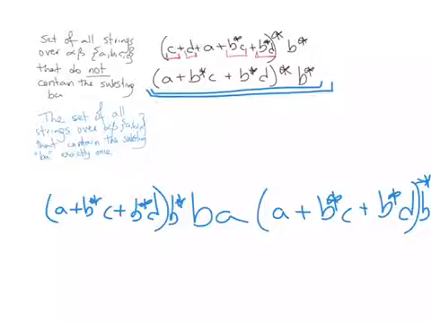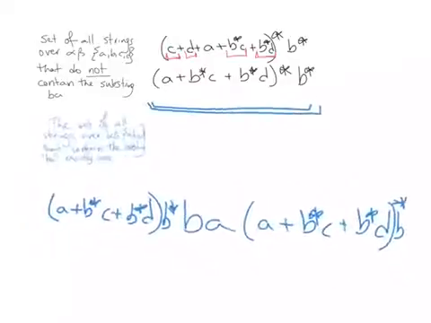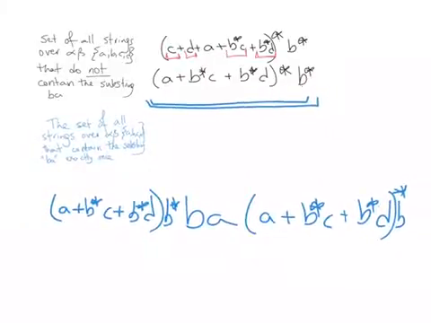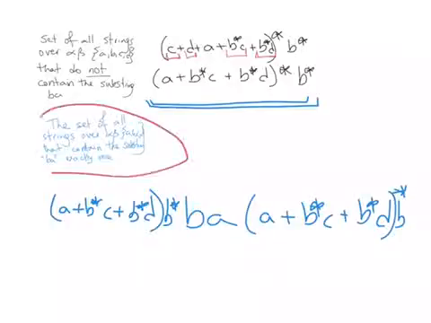Okay? And that represents this thing. That, ooh, wait, all my blue ones are the same size. It's growing. Okay, forget it. That represents that, right? All the strings over the alphabet A, B, C, D that contain the substring BA exactly one time, okay?